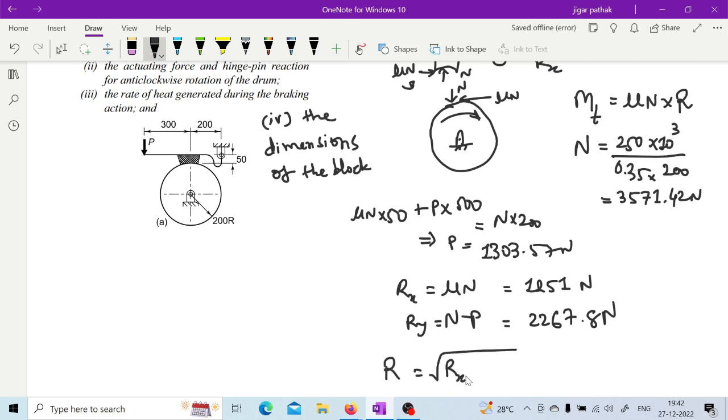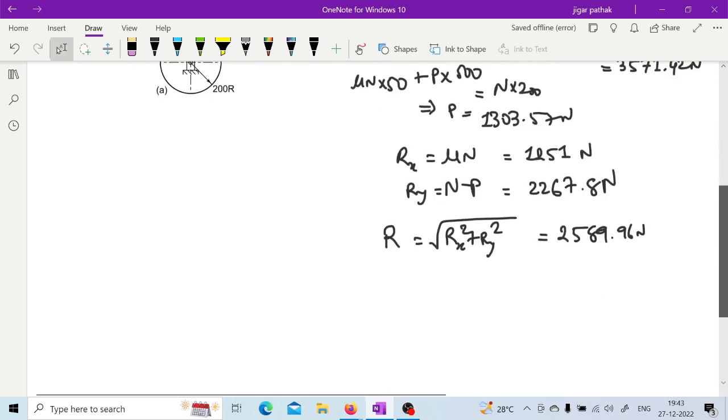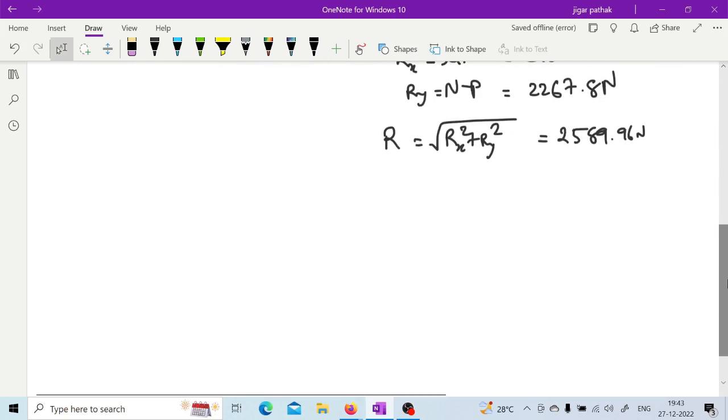So this will give you then reaction, right? Rx square plus Ry square. So what will be this R? That is 2589.96 Newton, right? So now once you have calculated this, you can also calculate it for the anti-clockwise rotation, right?